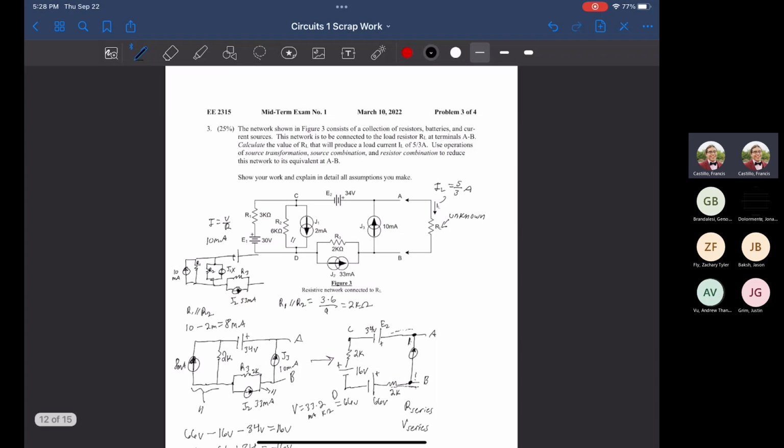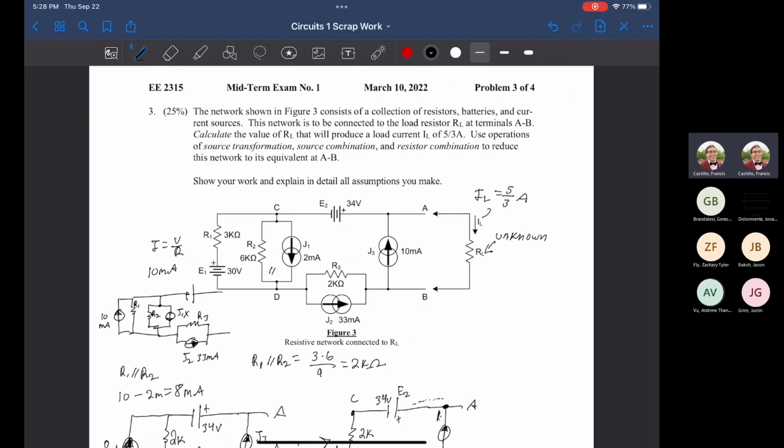So to recap what we just did, the question asked us to find an RL value, an unknown load with a known current. So I put a constraint on this of 5/3 amps. First thing I thought of is might as well condense the circuit down to something that's easier to work with.